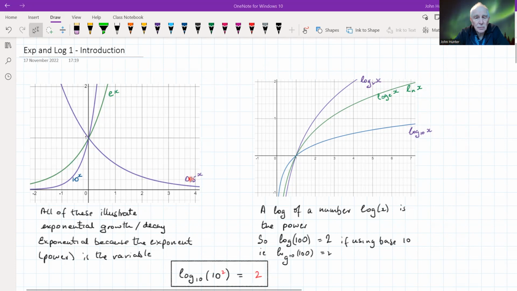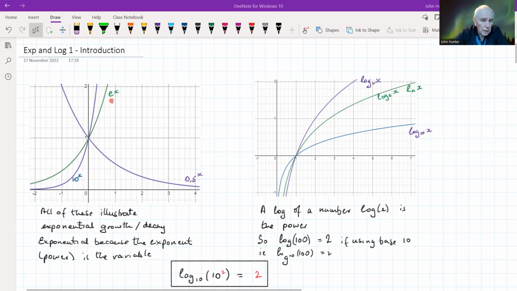So if we increase the exponent here to 1, 2, 3, 4, then actually we're going to reduce the value of this. So that's kind of going the other way. This one is exponential growth. This is an exponential decay.